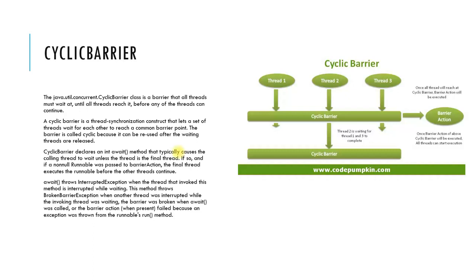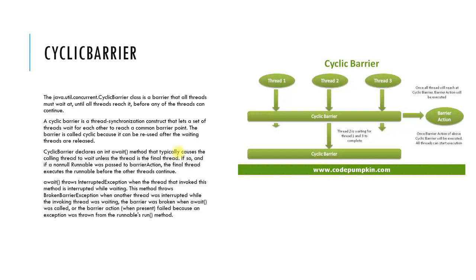CyclicBarrier declares an int await method that typically causes the calling thread to wait unless the thread is the final thread. If so, and if a non-null Runnable was passed as the barrier action, the final thread executes the Runnable before the other threads continue.